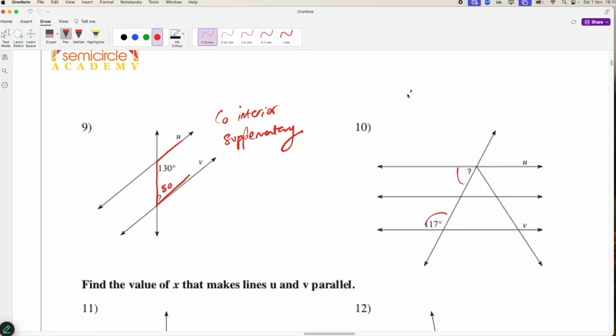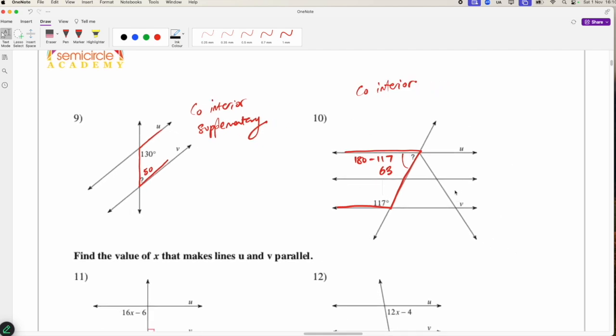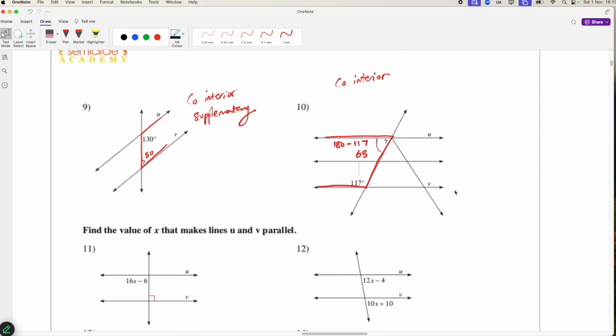They are also co-interior, because this here is on an inside shape like this, and of course this line here doesn't mean anything. So this means that this here will be 180 minus 117, 63. And you guys should be writing this and drawing the diagrams.